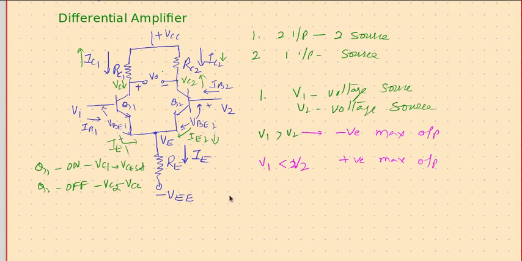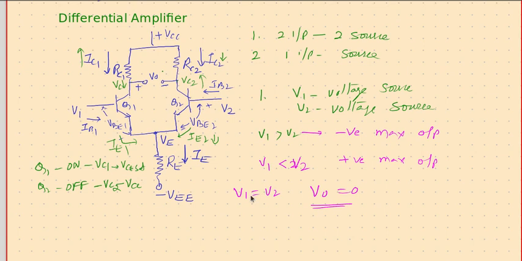Now what would happen if V1 is equal to V2? When V1 and V2 are equal, then IC1 and IC2 are equal. Therefore, VC1, VC2 are equal, and the difference, the VO, is 0.